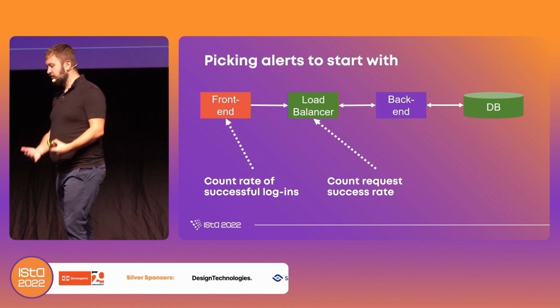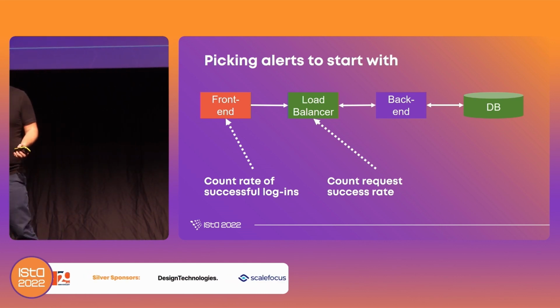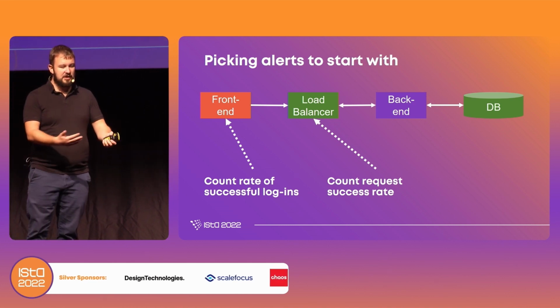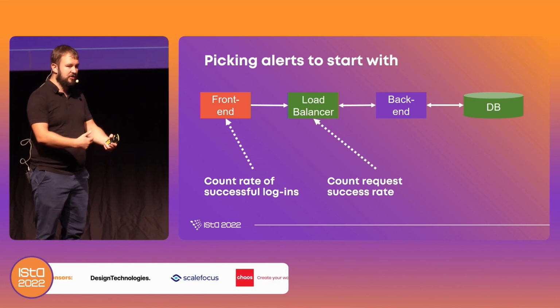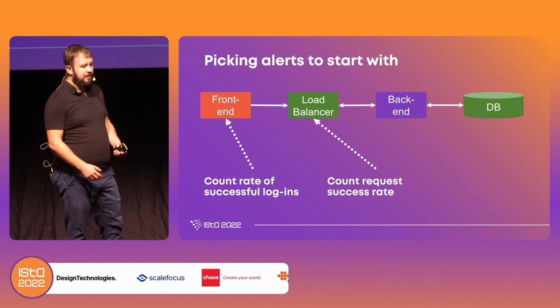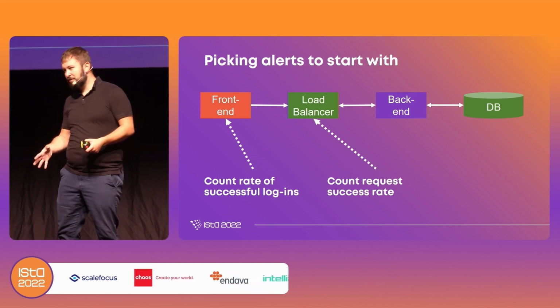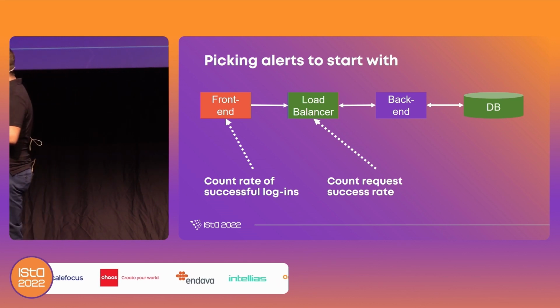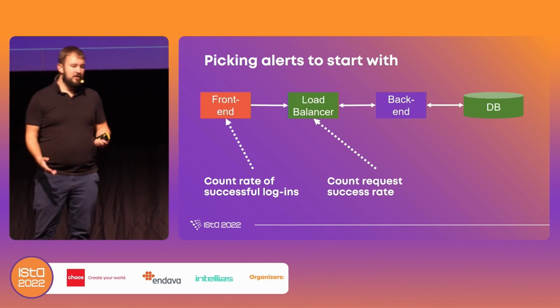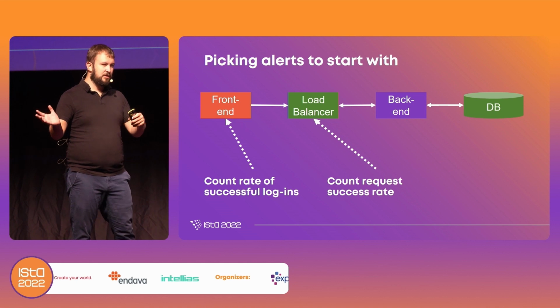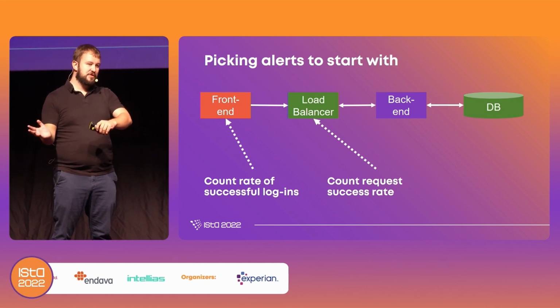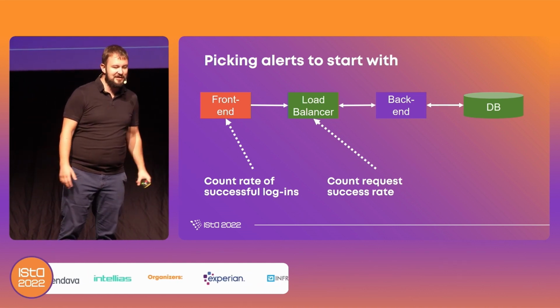So for example, in your front end, you can count the number of times that users can log in successfully or they cannot log in. And this will tell you maybe your load balancer is misconfigured, maybe you have a bug in your code in the backend, maybe your database is not working. And you can also do it in the place closest to the client in your backend.